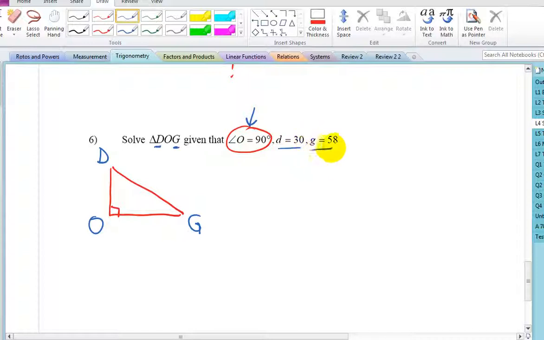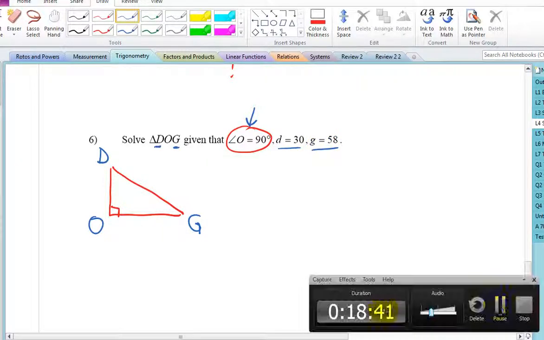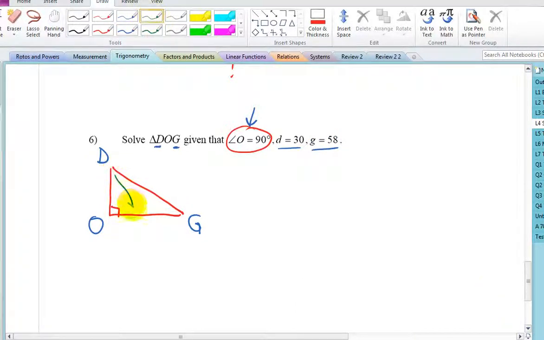Now please put D and G in the correct spots. Go. Notice they're lowercase. If this is big D, this would be little d, and that equals 30. And this is big G, so little g is across from it at 58. Any questions? Now this is different than the triangle we did earlier because now we have two sides. If we have two sides, then we should do Pythagoras to find the other.